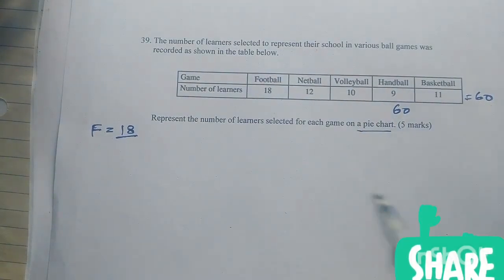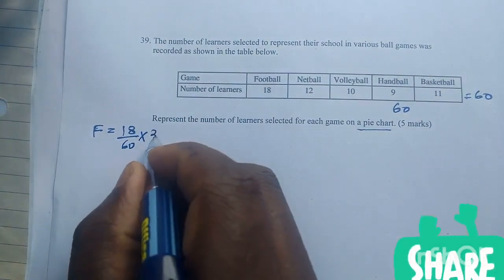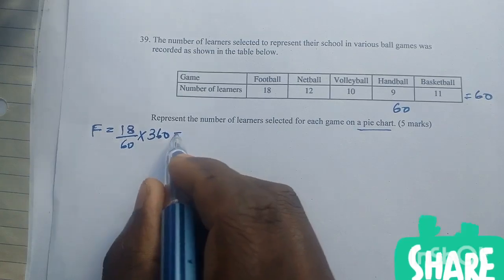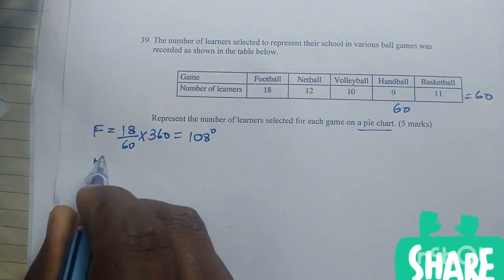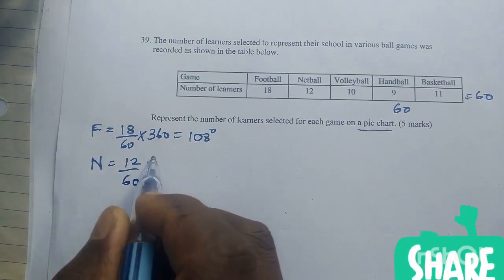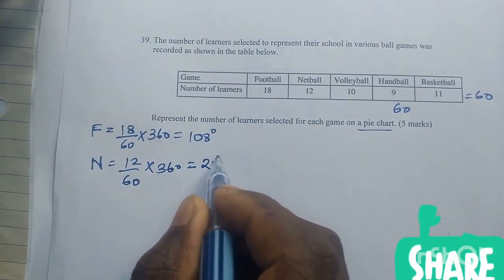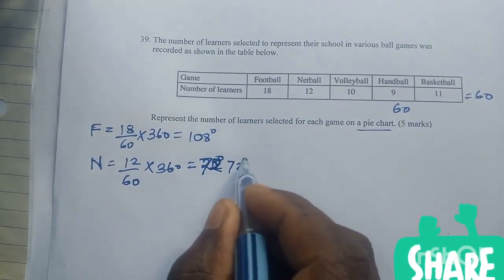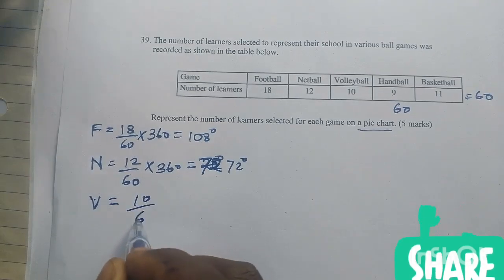So 18 over 60, you multiply by 360, the total angles in a circle. And that one will give us 108 degrees. Netball, it is 12 over 60 times 360, and that one will give us 72 degrees. Volleyball, it is 10 over 60 times 360.